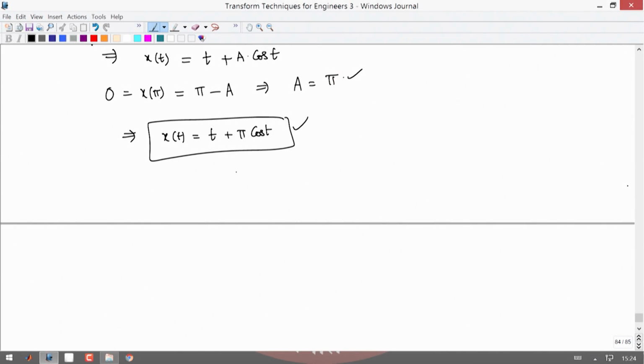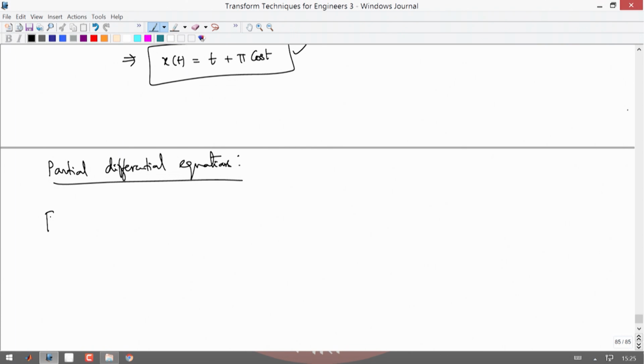So, we can also use this Laplace transform to solve initial boundary conditions for partial differential equations of first order. So, to start with, we will solve some first order partial differential equation. First of all, what is a partial differential equation?